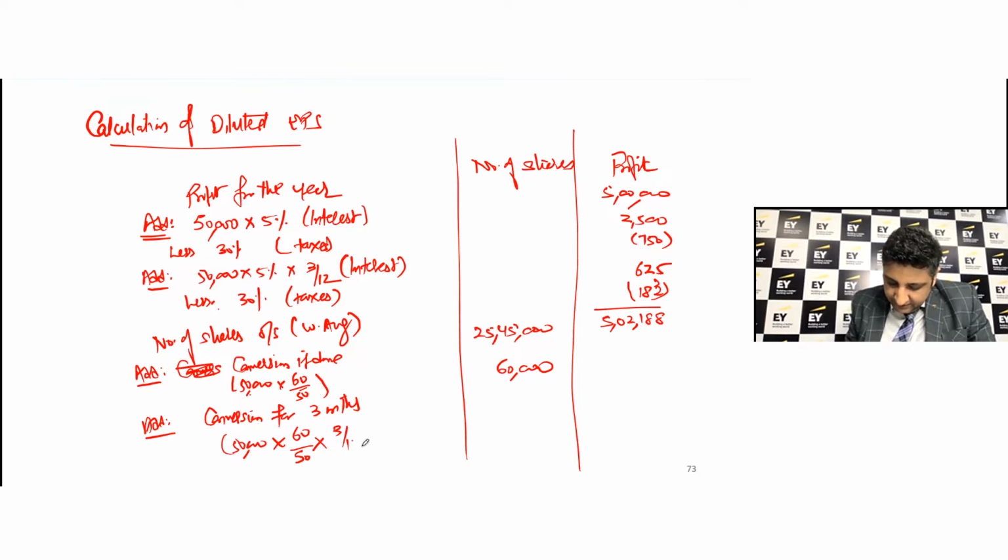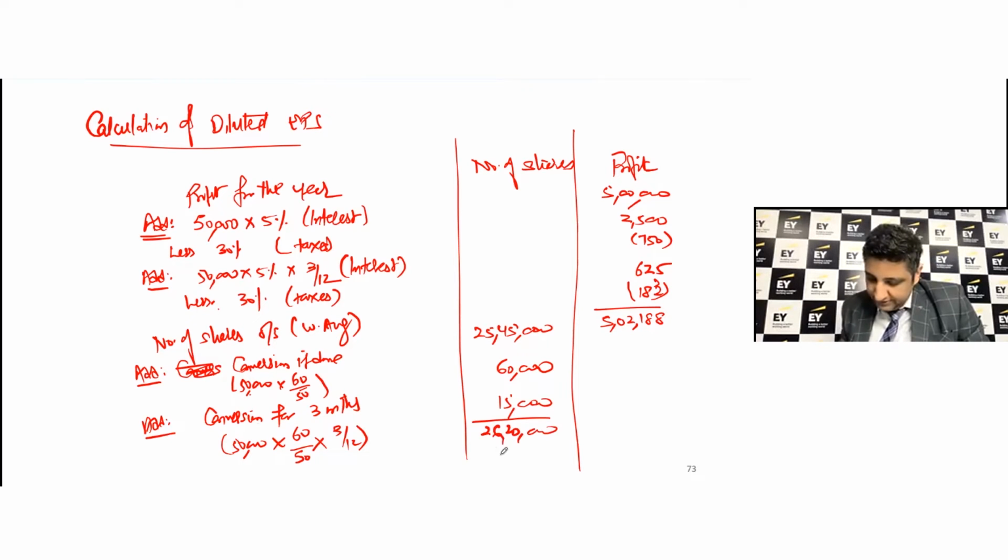Now that makes it, of course, 1/4 of the value, which is 15,000. Okay. Now what I was saying here is essentially you look at the total number of shares that comes at 26,20,000, right?